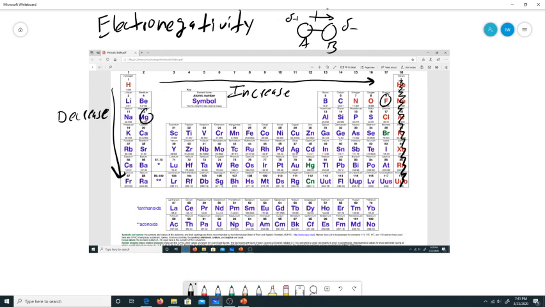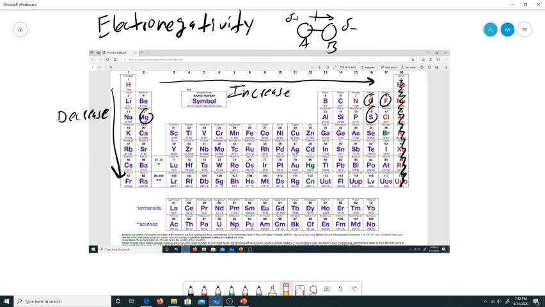So the rule is the farther atoms are apart in the periodic table, the more ionic the bond will be. Atoms which are close together, maybe we're talking about O with S, will tend to either be polar covalent or non-polar covalent depending on the exact magnitudes of their electronegativity values.